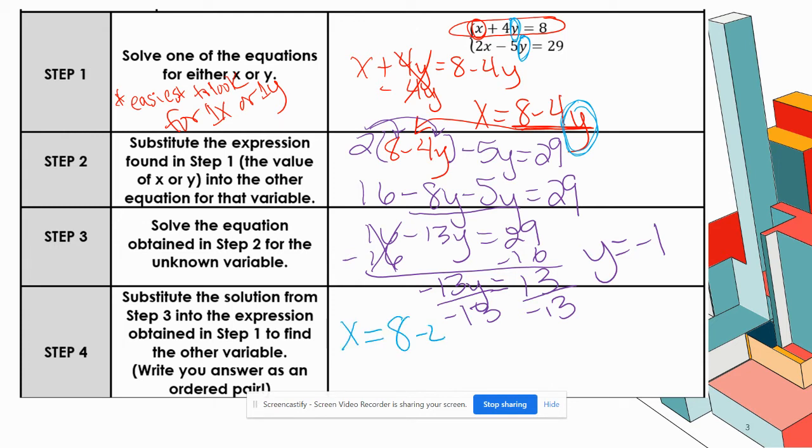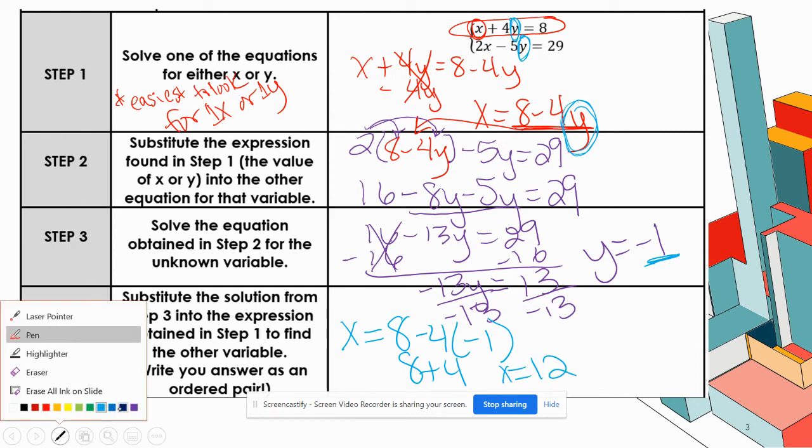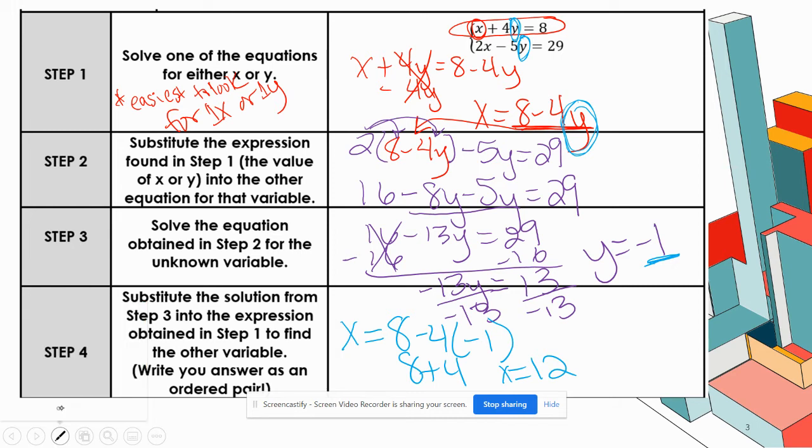So 8 minus 4 times y, which we found to be negative 1. Negative 4 times negative 1 is positive 4, and 8 plus 4 is 12. So we have x is equal to 12, and y is equal to negative 1. So that makes my solution 12, negative 1 in ordered pair form.